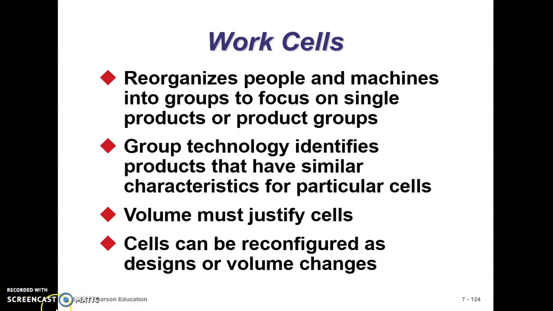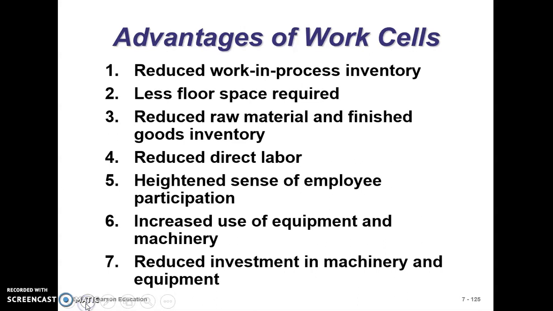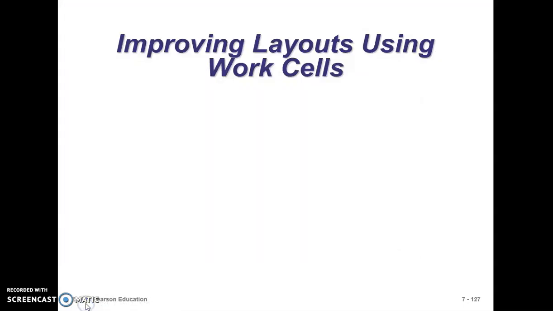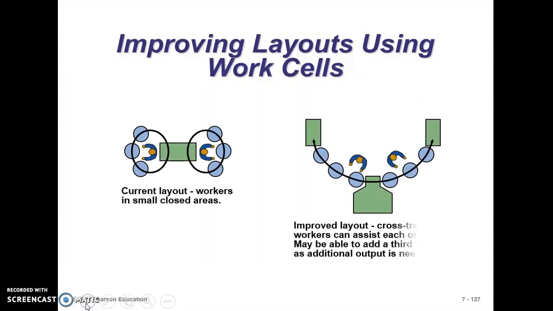Okay, another type will be work cell. So work cell, we reorganize the people and the machines into groups lah. Okay, please do your own reading on advantages of work cell, and these are the examples of work cell. So this is a current work cell, and how to improve the layout of work cell.